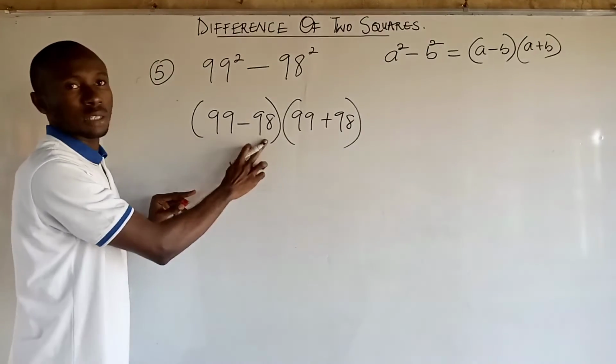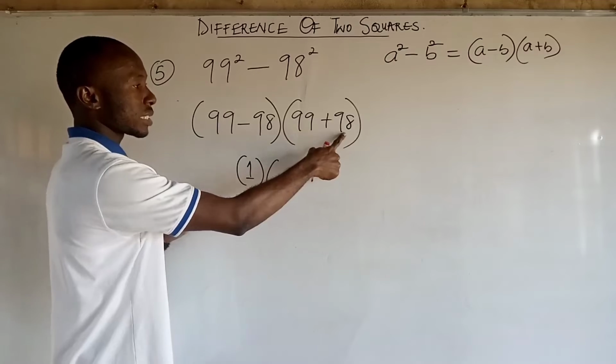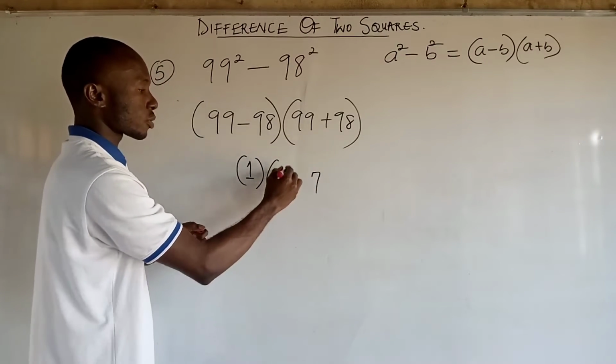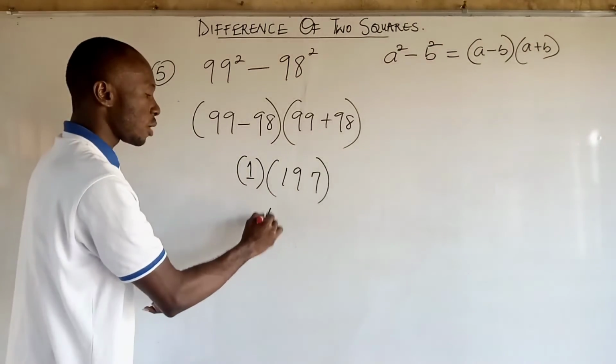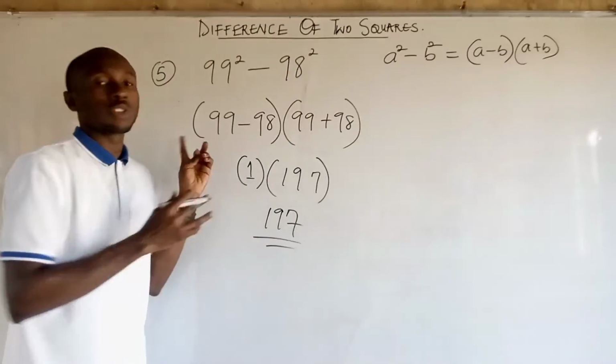So 99 minus 98 is simply 1, and 99 plus 98, 9 plus 8 is 17, 9 plus 9 is 18, plus 1 is 19. So 1 times 197 will give me 197. So this is the answer to question number 5.